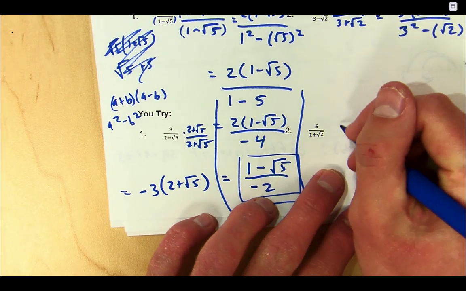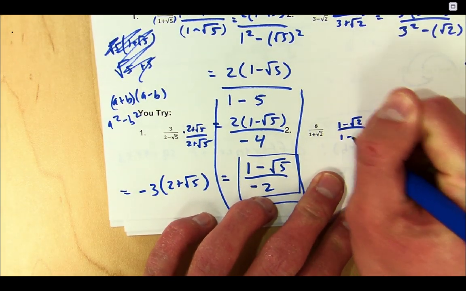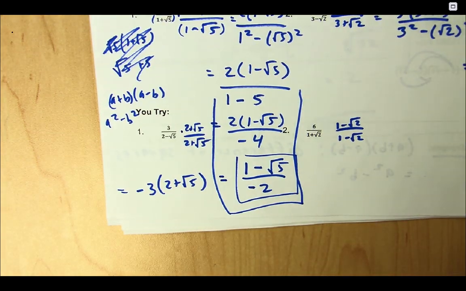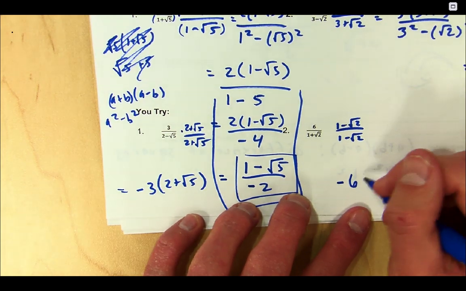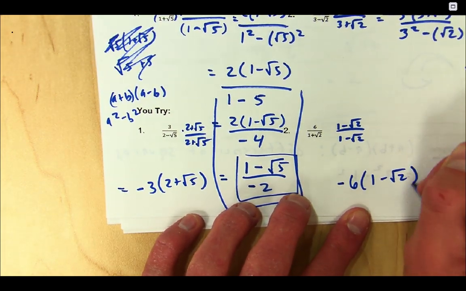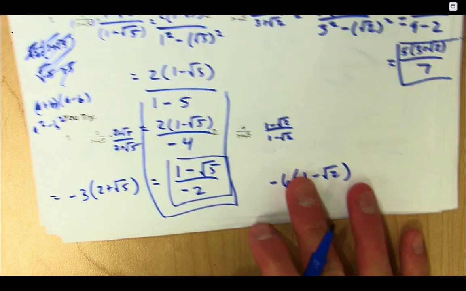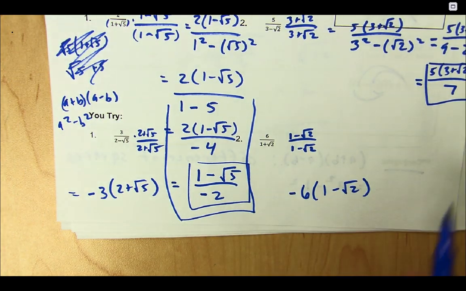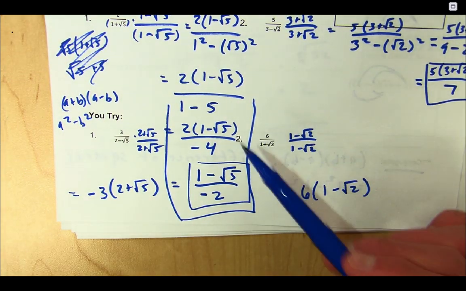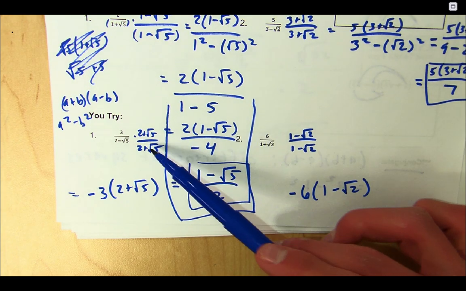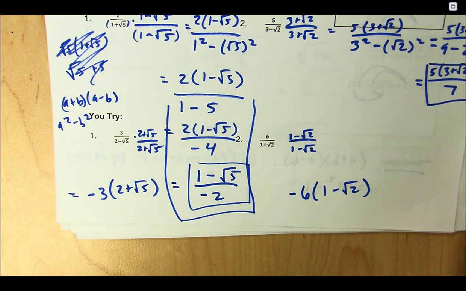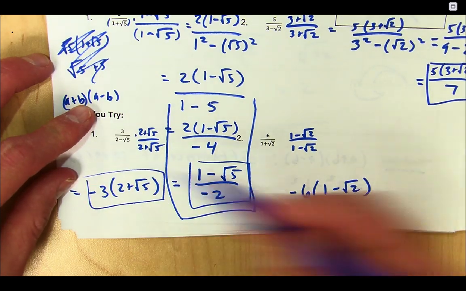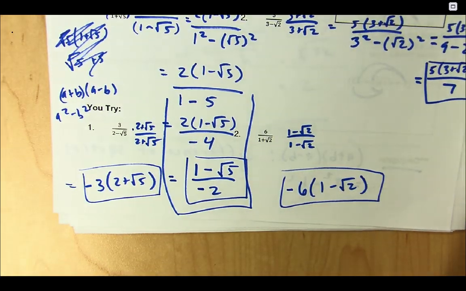And then number 2, after you multiply top and bottom by 1 minus the square root of 2, it should simplify all the way down into this. Okay. So multiply by the conjugate and then just do the difference of squares, simplify those differences of squares, and hopefully each time you can get the correct answer here.